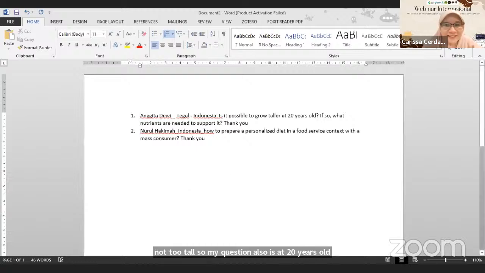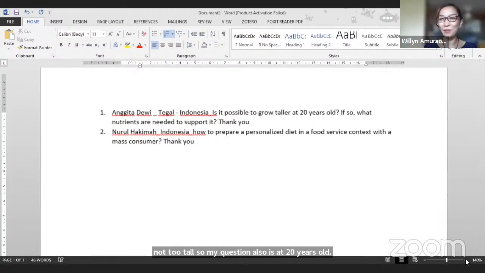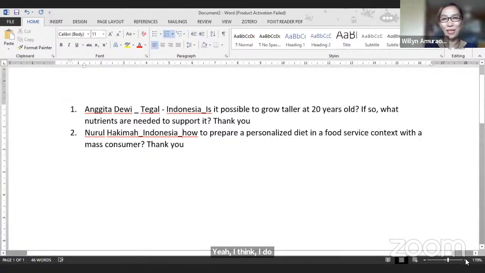Thank you. Based on the scientists and even those medications and food supplements, I believe you will not grow taller at the age of 20 years old. Maybe I can blame your mother because of the lack of calcium. We all know calcium is very important. Vitamin D is very important.